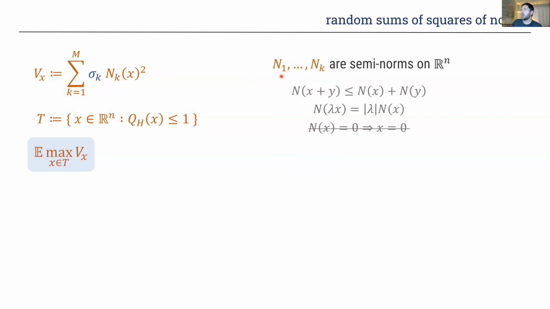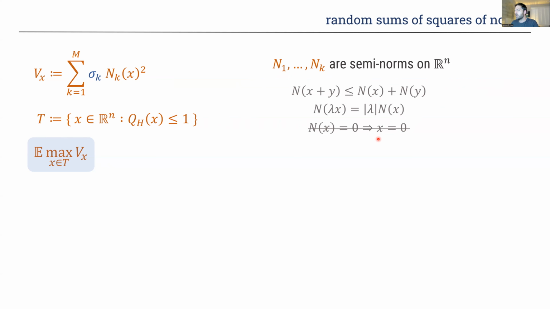And a semi-norm on R^n is exactly the same as a norm. It satisfies the first two properties of a norm. The only property it may not satisfy is that non-zero vectors could have norm 0. In fact, it's not hard to see that you can decompose R^n into a direct sum of two pieces, such that on one piece the semi-norm is 0, and on the other piece it's a genuine norm.